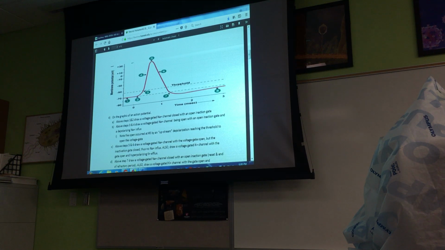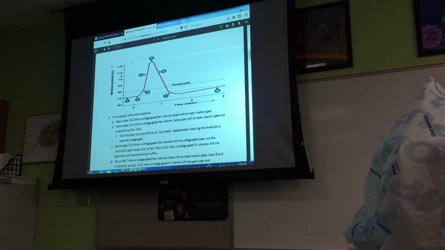On an axon, the first step is resting potential, and then an EPSP comes in that's enough, let's say at the axon hillock, to activate the voltage-gated sodium channels. These rapidly open, which we're seeing at 4, up to 5, where they close by their inactivation gates.